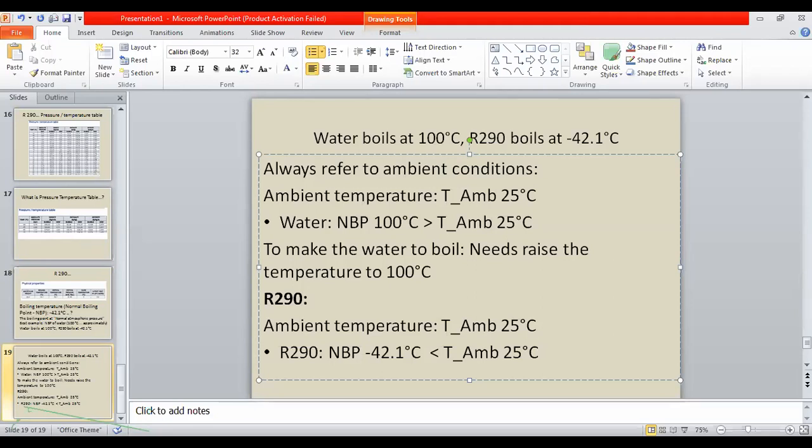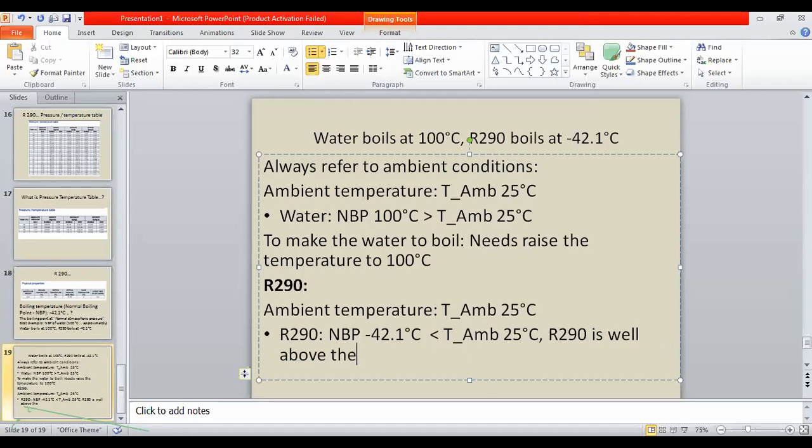So, which means at 25 degrees Celsius, it's well above the boiling point. So you can see that R290 is well above the boiling point.